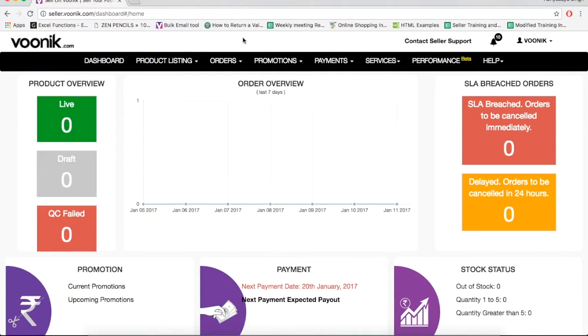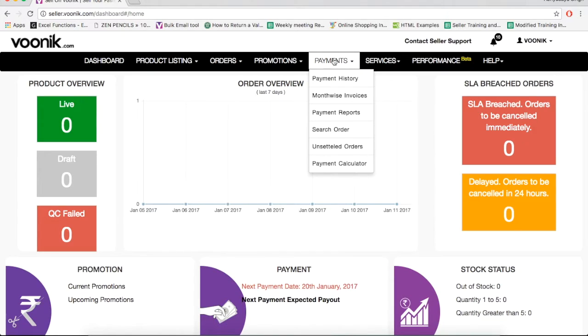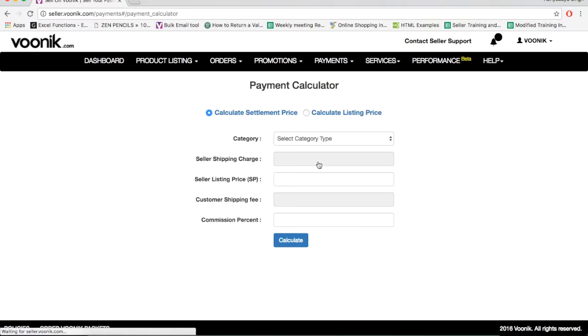The final topic to be covered in this video is about payment calculator. To access payment calculator, in your seller panel, hover your mouse cursor to Payments tab and select Payment Calculator. In this tool, we have provided you with facility to choose between either calculating settlement price or listing price.